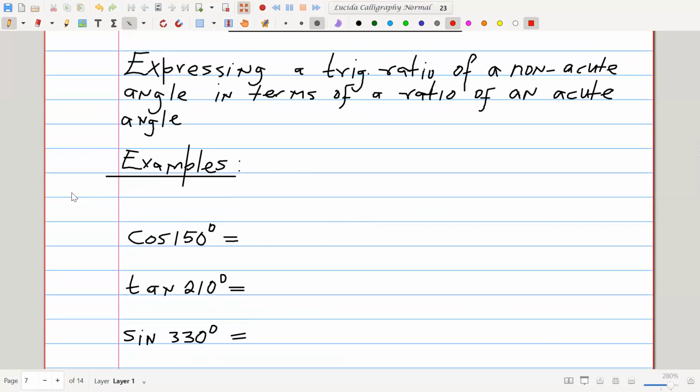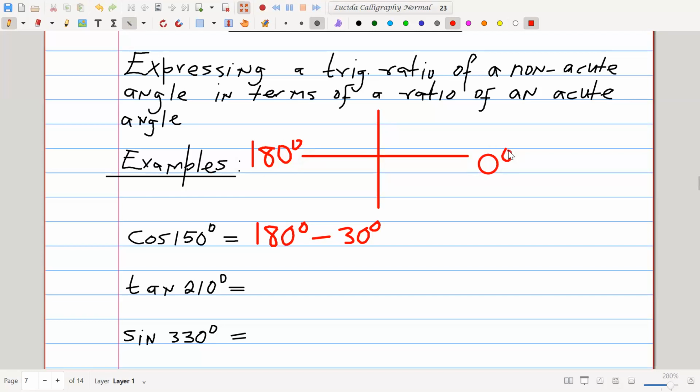So you can simply think of, I can write this as 180 minus, and if I like, I can show it by diagram and say, this is my diagram. I know I have 180 here, right? This is 0. This is 90. So I know this angle, which is 150, lies somewhere here, in the second quadrant.